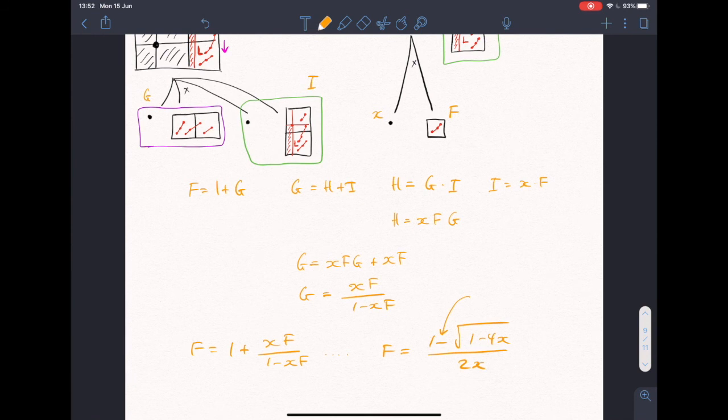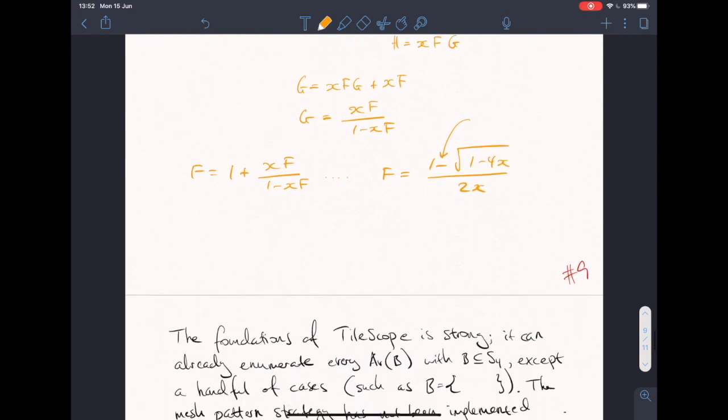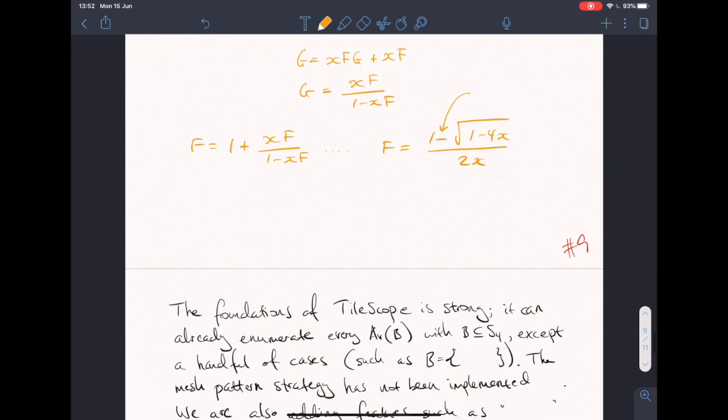Now, that was nice. No catalytic variables, just mesh patterns. The foundations of the algorithm are strong already. It can already enumerate every Av(B), where B is a basis of patterns of length 4, except for a handful of cases, such as, of course, 1324.